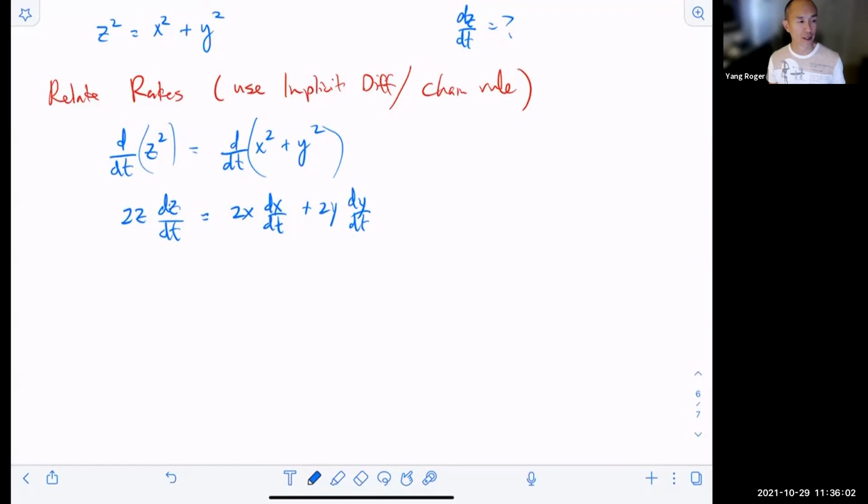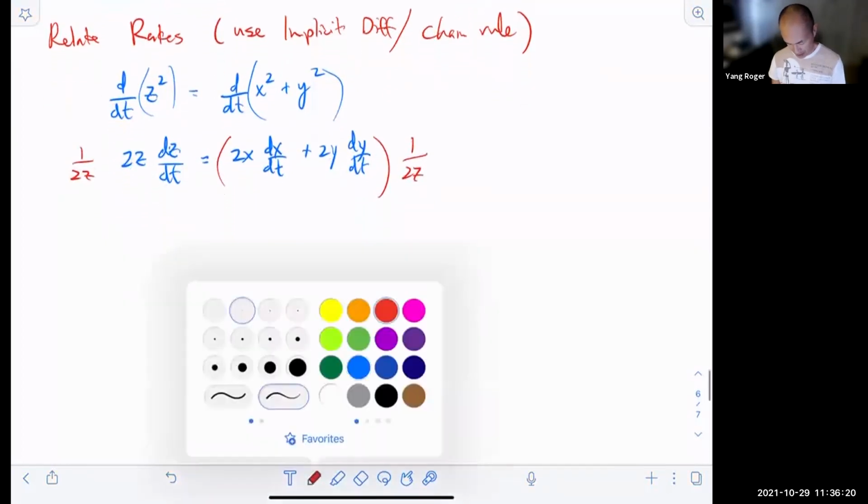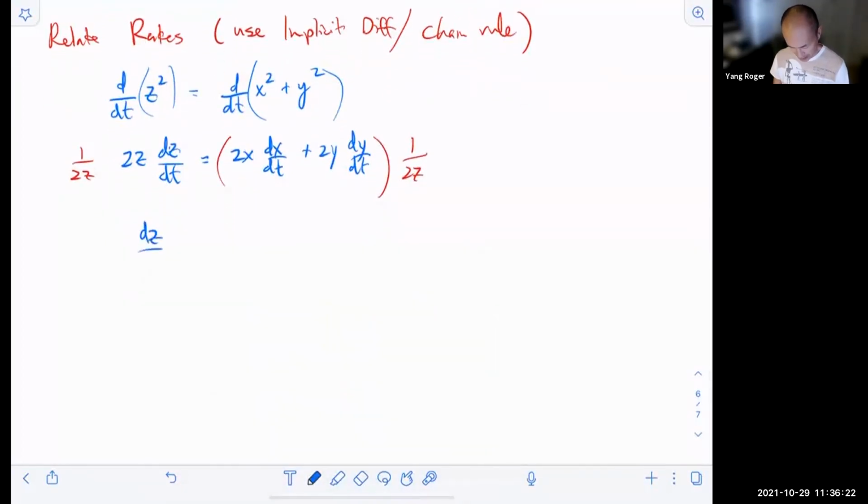We want to solve for dz dt. So we're going to multiply both sides by 1 over 2z. Like that. And then the next line we're going to get dz dt is equal to 1 over 2z times 2x dx dt plus 2y dy dt.